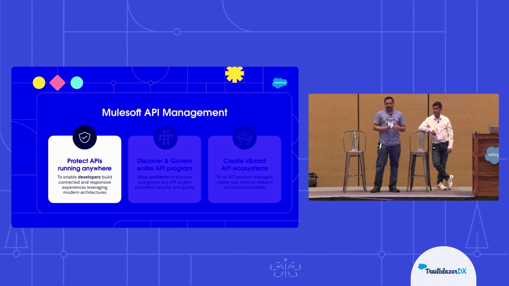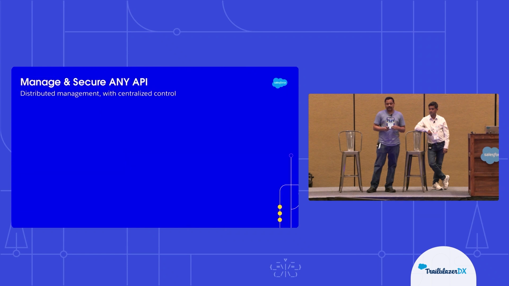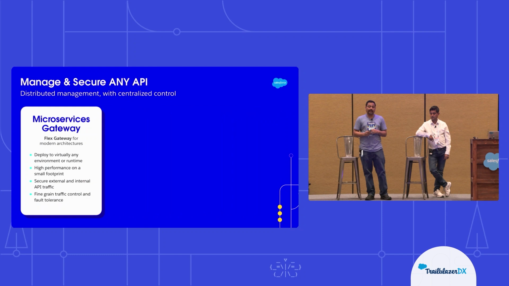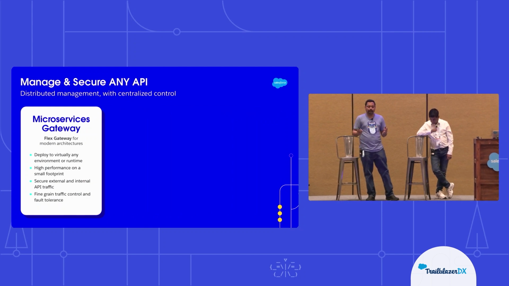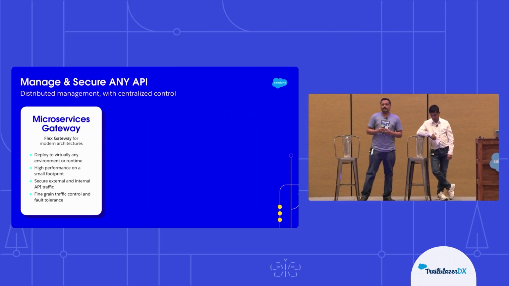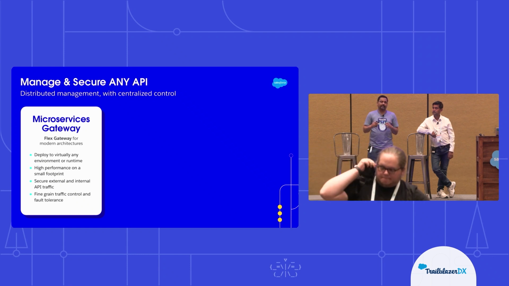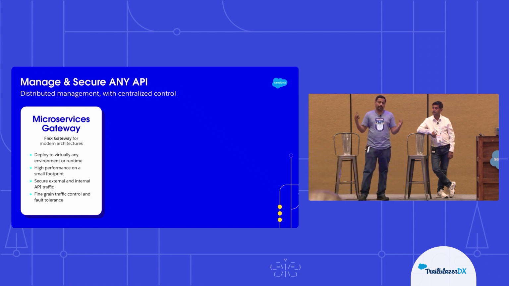Now, the second piece here, as we go through the protection space, we're looking at managing and securing any API that's deployed anywhere. Now, when we talk about any kind of digital transformation projects or any of these new microservices, we are talking about protecting them through gateways. Now, a perfect gateway for that would be a microservices gateway like the Flex API gateway.